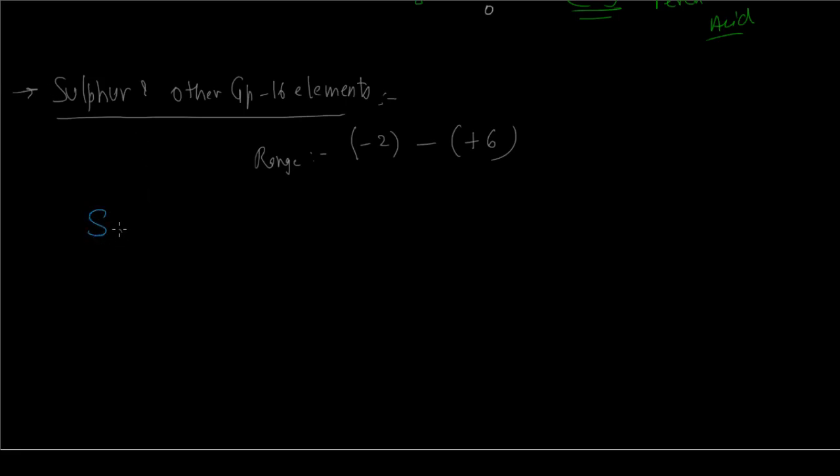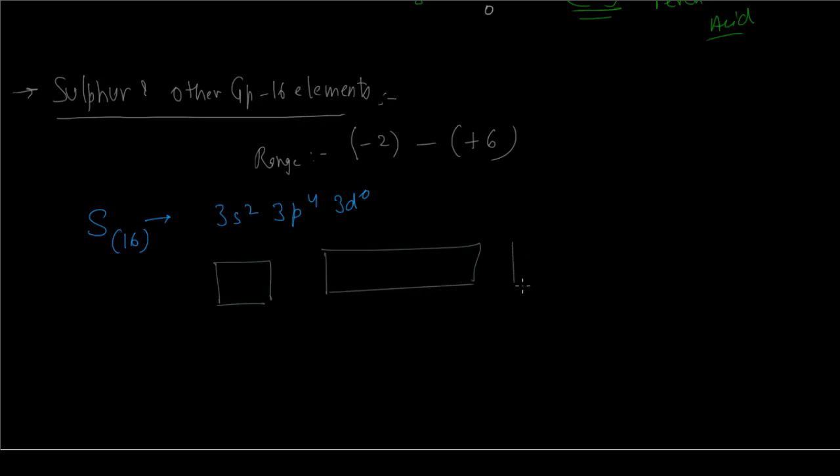If you take sulfur with atomic number 16, its outermost configuration is 3s2 3p4 3d0. So again, let's draw the orbitals. In the orbitals, you will see this is your 3s2 orbital, this is your 3p orbital, and this is your 3d orbital.